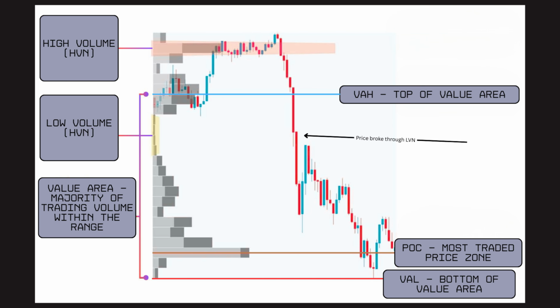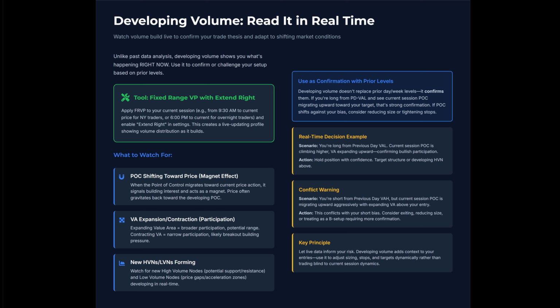These LVNs show rejection. The market moved through those levels fast because participants didn't find them attractive. In balanced markets, you'll see HVNs forming at multiple levels across the value area, indicating two-sided acceptance. Developing volume can serve as either confirmation or conflict with prior levels, making it a powerful decision-making tool.